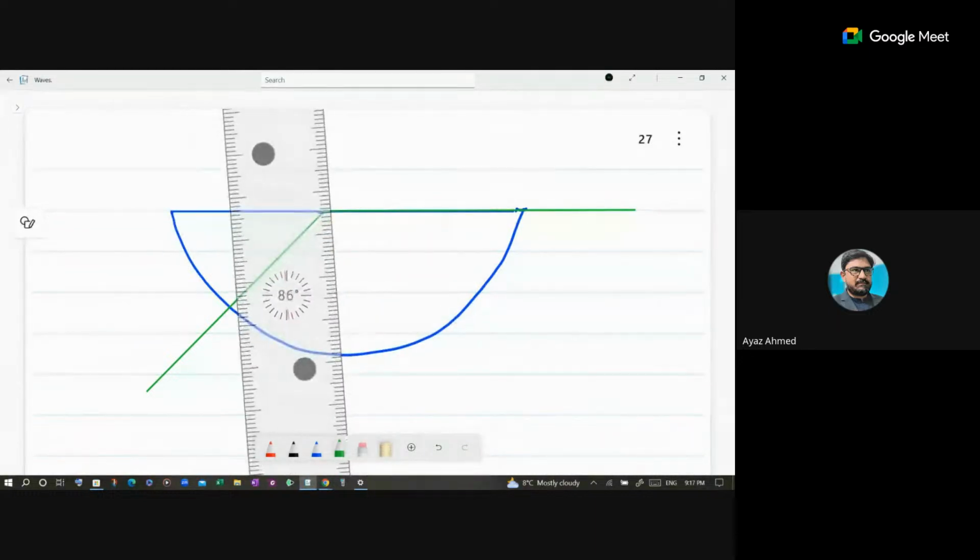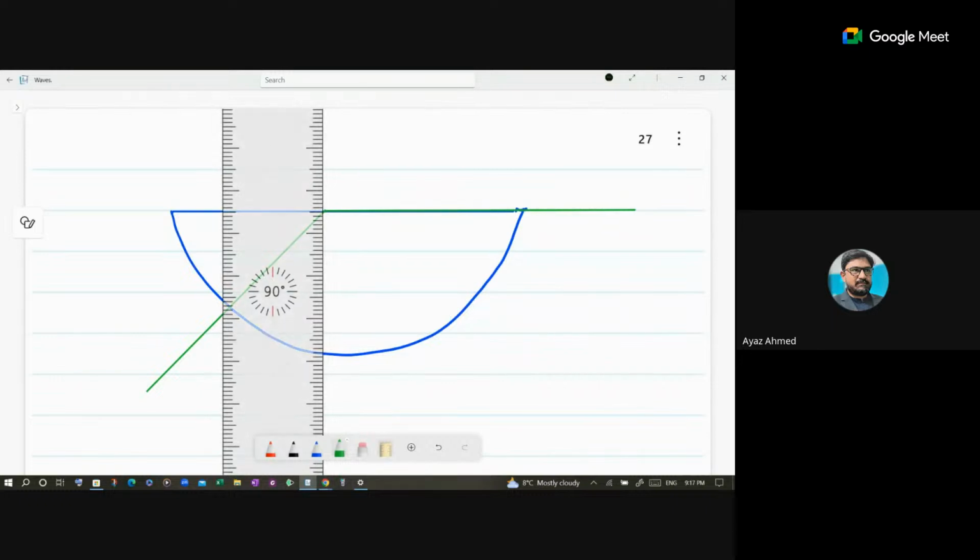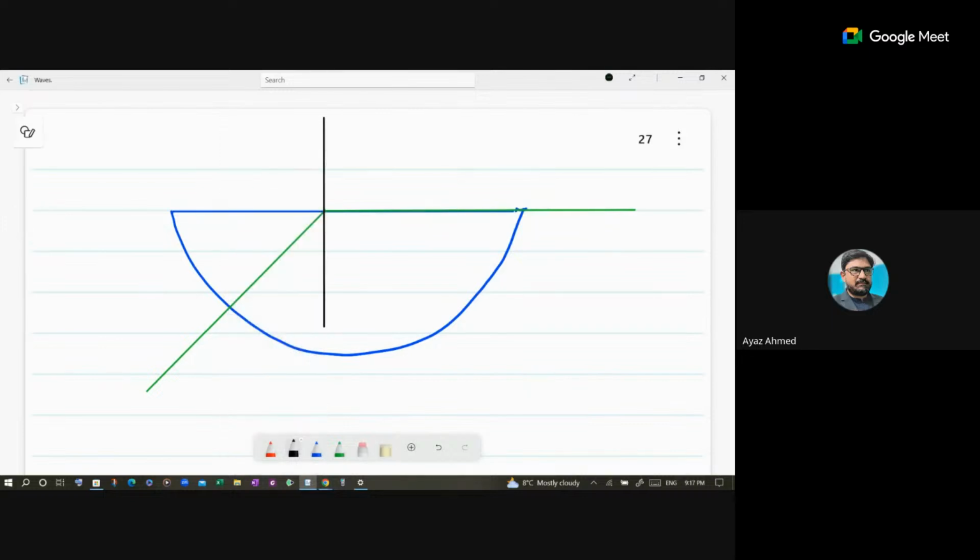Okay? This is basically the normal at which this light ray is incident at this point. So I can say that this is the normal to that surface. Above, this is the angle of incidence, and this is the angle. I cannot say that is refraction or reflection, but because the light was refracted first, I can say that theta r is equal to 90 degrees, or theta 2 is equal to 90 degrees in the medium.